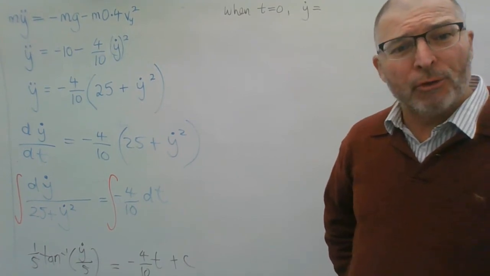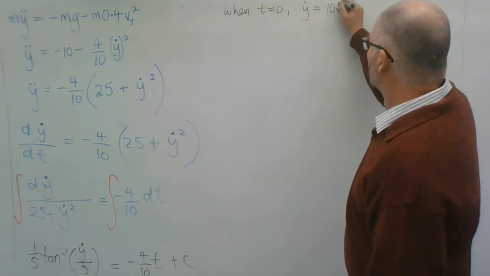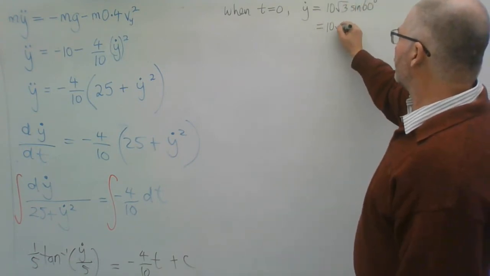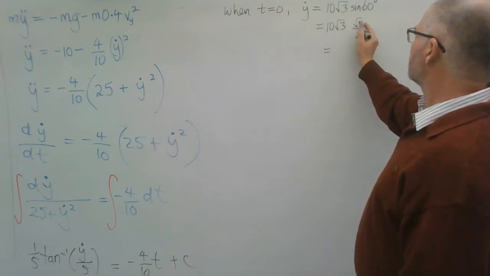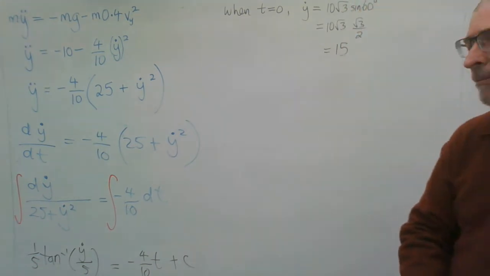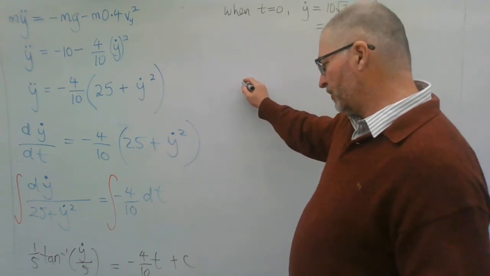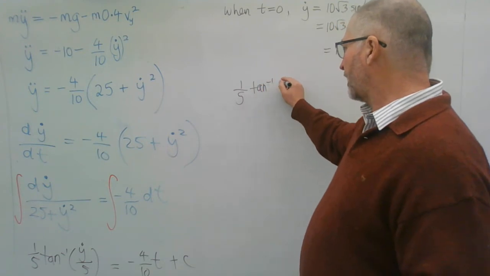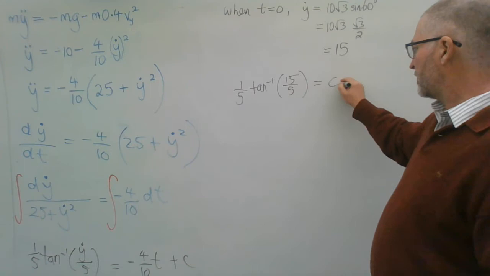So we want 10 root 3 sine of 60 degrees, which is 10 root 3 times root 3 on 2. 10 times 3 is 30 on 2 is 15. That's 15. So when we put 0 in for t, we get 1/5 inverse tan of 15 on 5 equals c.